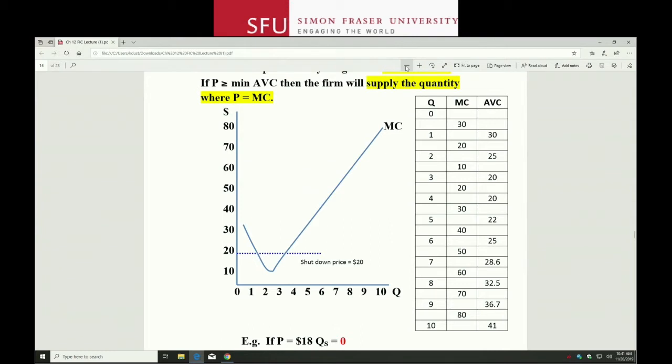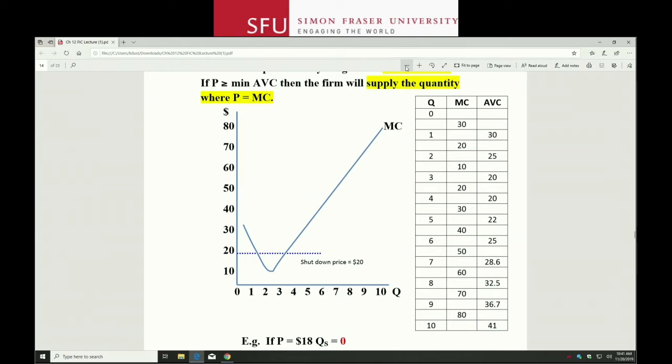Next one is 25. Now we want to find the point where price equals MC. We don't have an exact equilibrium, but we can see that at $25 there is an equilibrium at two places here. So it'll have an equilibrium here and over here. Now, the firm would never produce at this first point because the cost is even lower on the next units, and they're going to make even more money on the next unit.